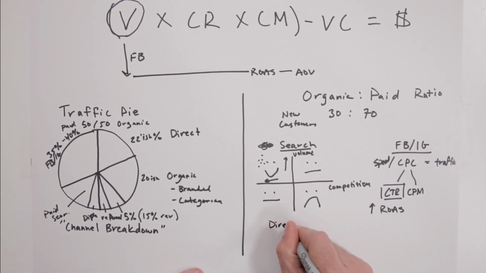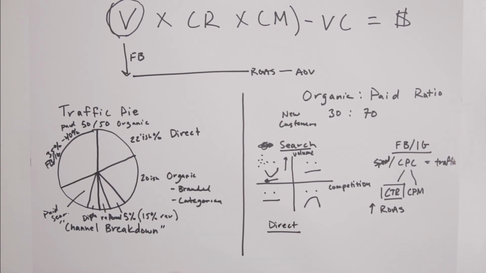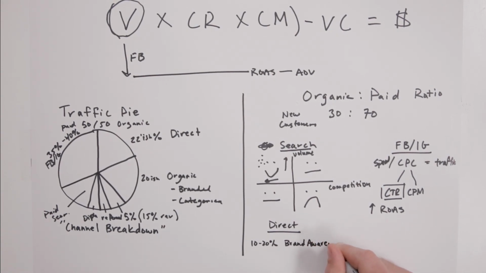Direct is the hardest channel to most obviously affect. It tends to be a lagging indicator that follows the other trends. Direct will almost always hold a percentage somewhere between 10 to 20% because it functions as a variable of overall awareness of the brand. We call your direct traffic your brand awareness traffic. And so we want to see what is going to happen in this channel outside of paid spend.